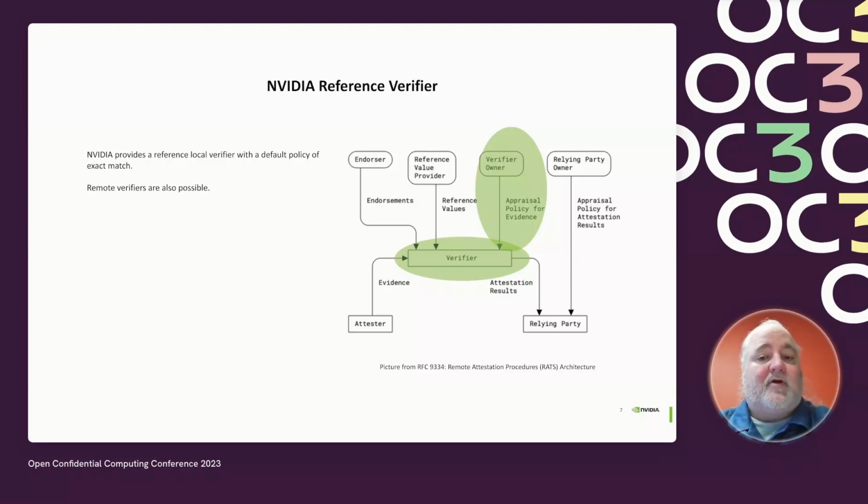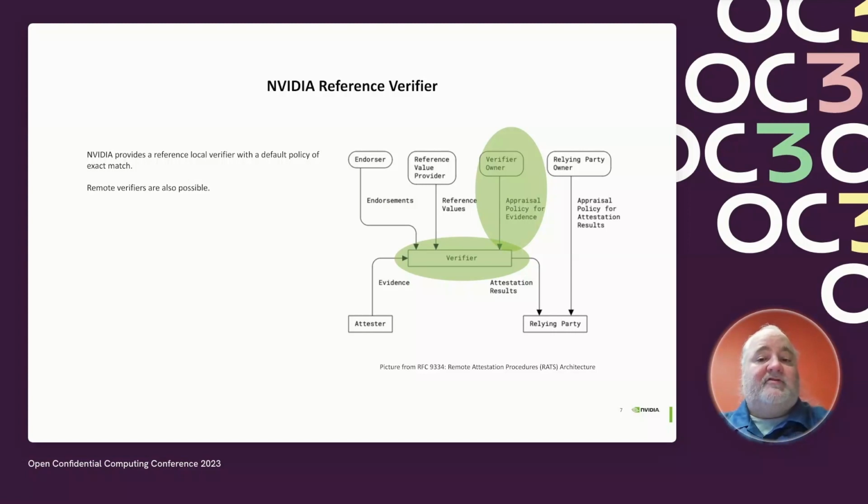If those appraisal policies pass, we will provide an attestation result that indicates that it has been compared against a valid reference value, that the endorsements have been checked on both the reference values and the attester, and that that entire chain has been proven to be in a confidential compute configuration.